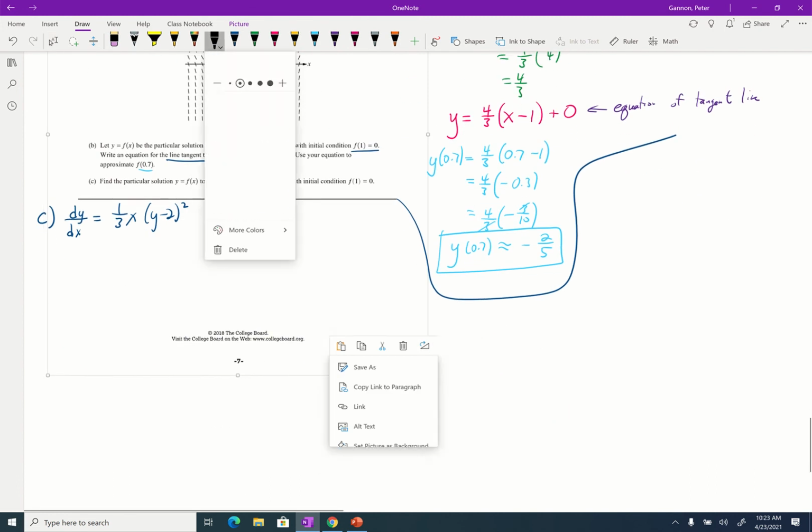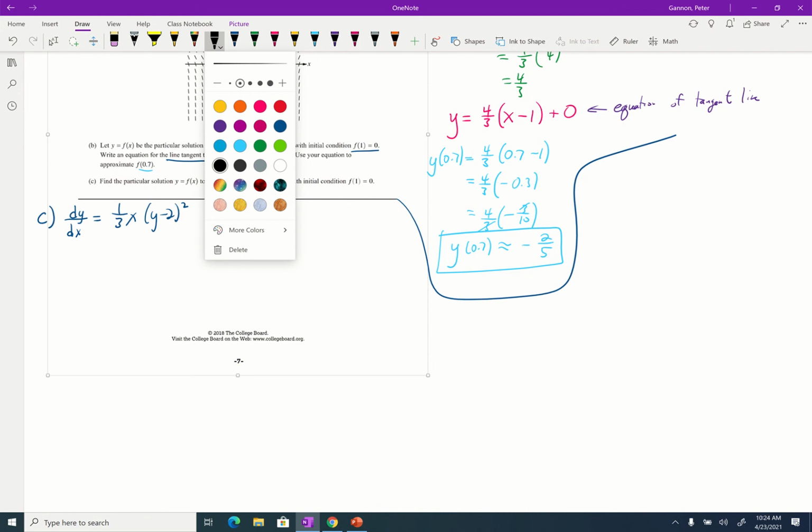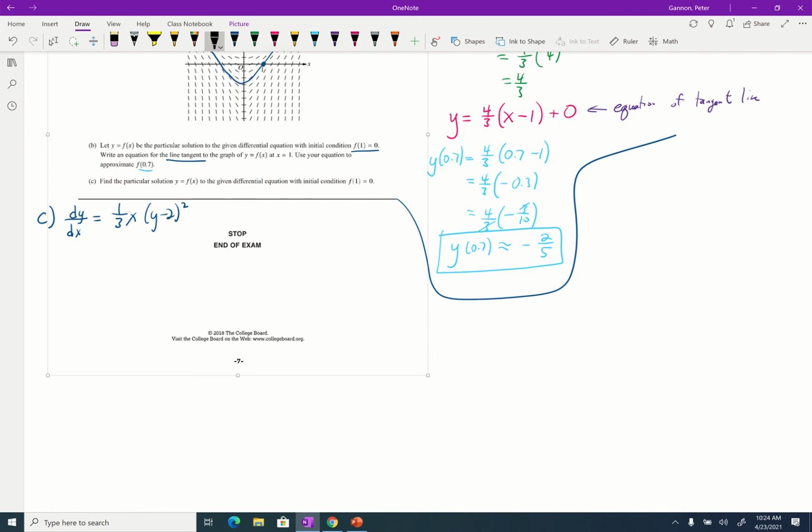If we're going to solve this, we're going to use that separation of variables technique, where we want to get the y's with the dy's and the x's with the dx's. In doing so, we're going to divide by (y minus 2) quantity squared. So 1 over (y minus 2) quantity squared dy equals 1/3 of x dx.